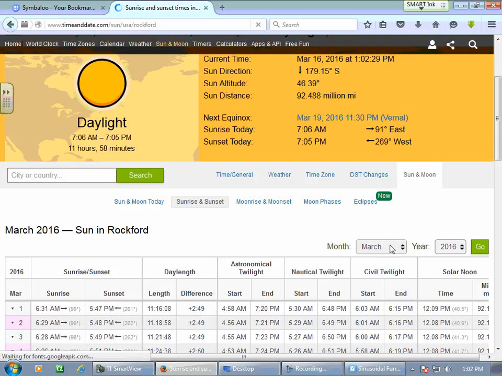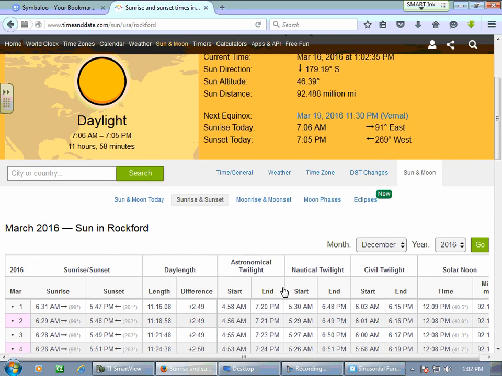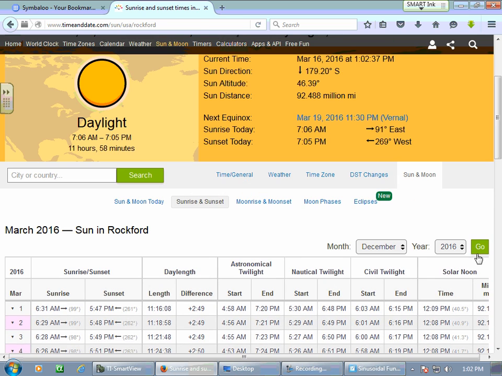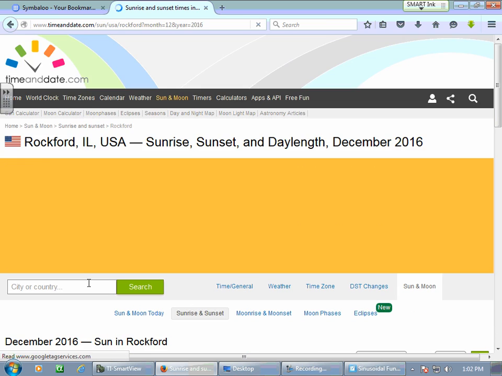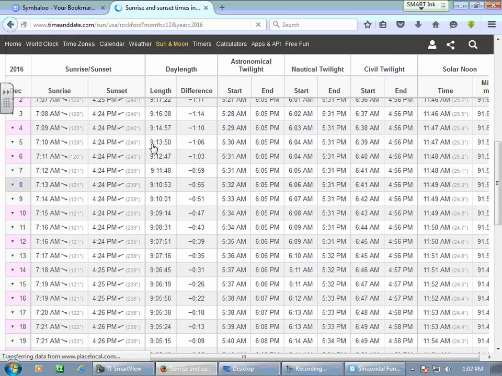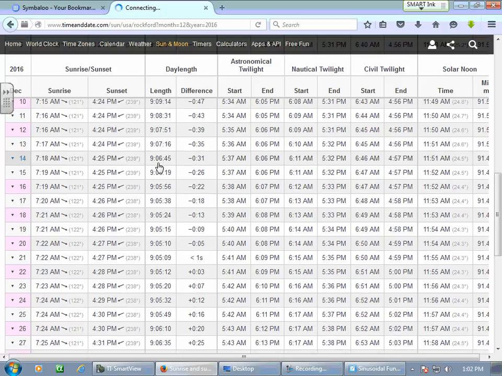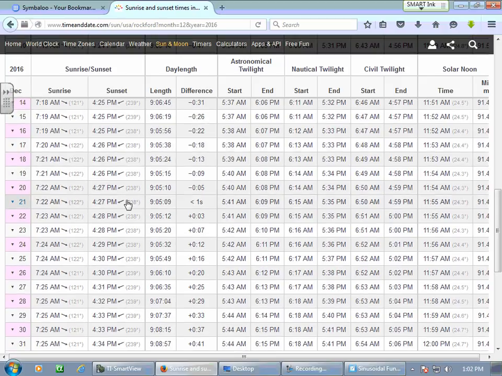All right, I want to change the month. How about if we go to December? We're just going to go sunrise, sunset, the first two columns here. Ooh, they give us the day length. That's cool. So we don't have to calculate it ourselves. This actually gives it to us.